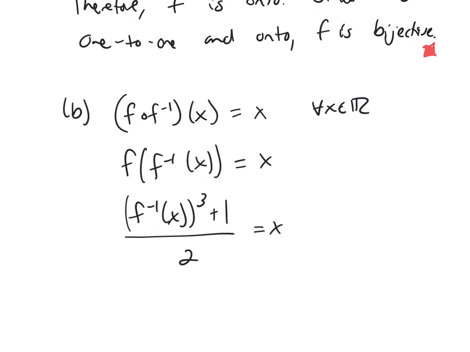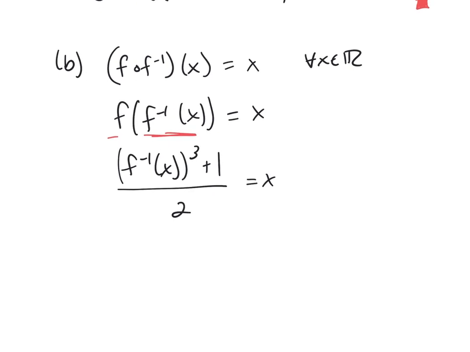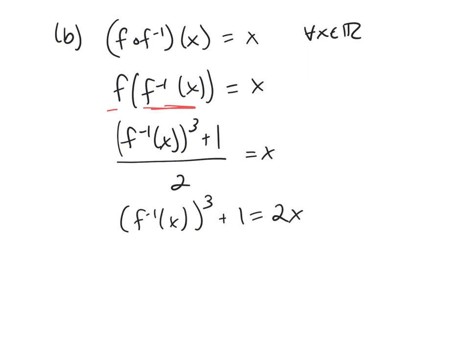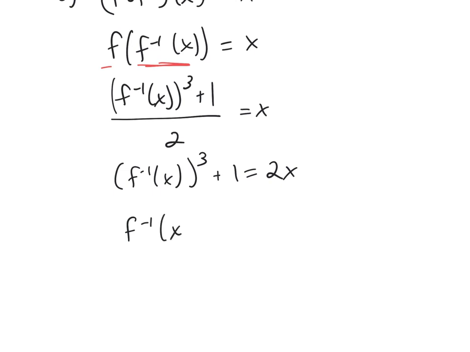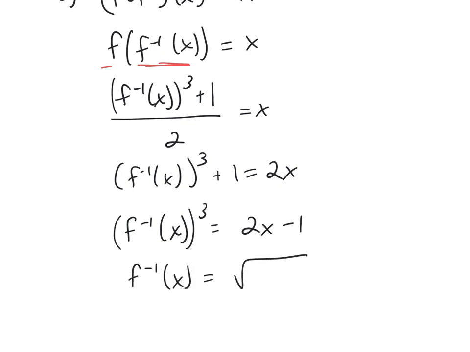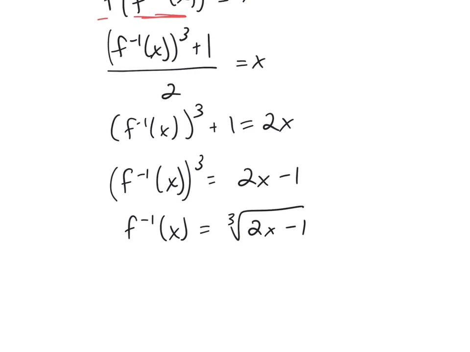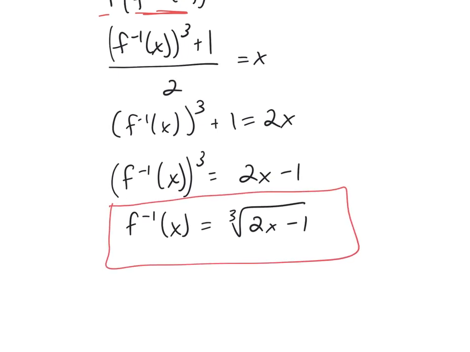You're just plugging f inverse into the f function and then solving for f inverse of x. So f inverse of x cubed plus 1 equals 2x. f inverse of x cubed equals 2x minus 1. So f inverse of x would be the cube root of 2x minus 1. And there is my inverse function for f.